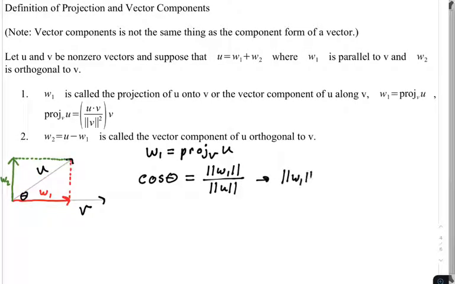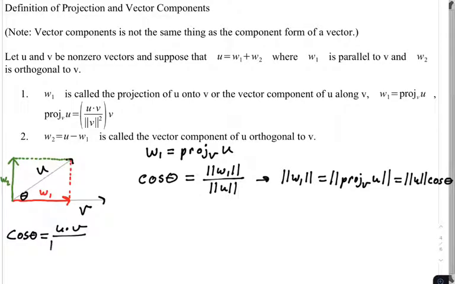So then the magnitude of w1 is going to be equal to, because we're defining w1 as the projection of u onto v, magnitude of u times the cosine of the angle in between them. Alright, well, the cosine of theta is also equal to u dot v over the magnitude of u, magnitude of v. So we're going to make that replacement.